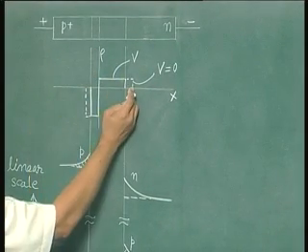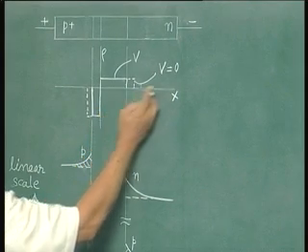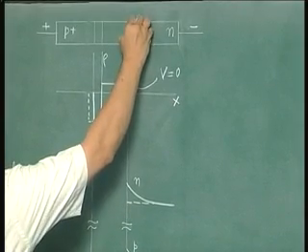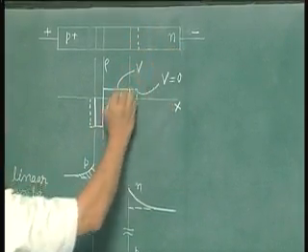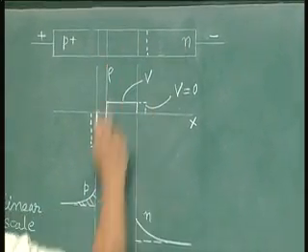Okay, so this is the shrinking of the depletion region, which represents also the extension of the quasi neutral region. So equilibrium quasi neutral region was between this dotted line and this end, whereas for applied bias it is between the solid line and this end.